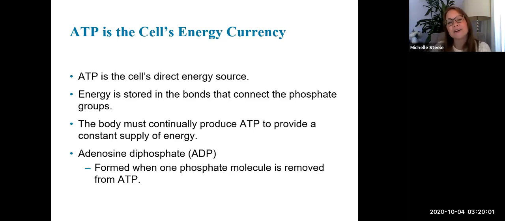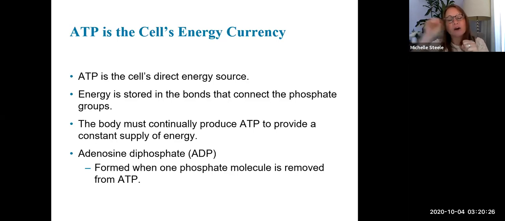So we need that energy throughout the day. But at any given moment, each individual cell only has about 3 to 5 seconds' worth of ATP available for immediate use. And when the body needs that energy, one of the bonds connecting the phosphate groups becomes hydrolyzed. We're going to talk about that.